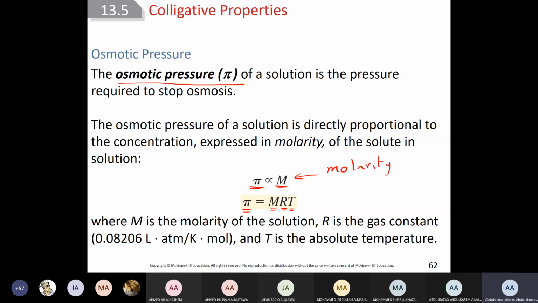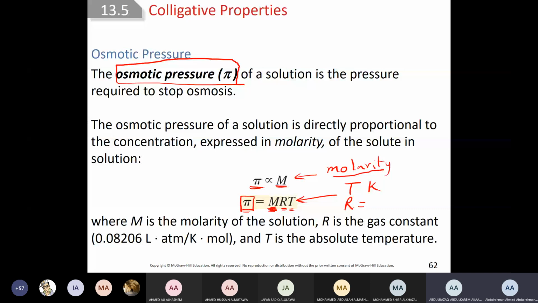Okay, what's π? Osmotic pressure. Don't forget this and memorize it. And what is M? Molarity. Don't forget molarity. And of course, what's T? Temperature. What unit? Kelvin. Okay, and what's R?